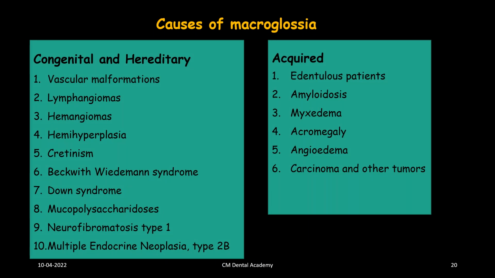So let's discuss the causes for macroglossia. We have listed them as the congenital causes and the acquired causes. The congenital and hereditary causes are vascular malformations, lymphangiomas, hemangiomas, hemihyperplasia, cretinism, Beckwith-Wiedemann syndrome, Down syndrome, mucopolysaccharidosis, neurofibromatosis type 1, and multiple endocrine neoplasia type 2B.